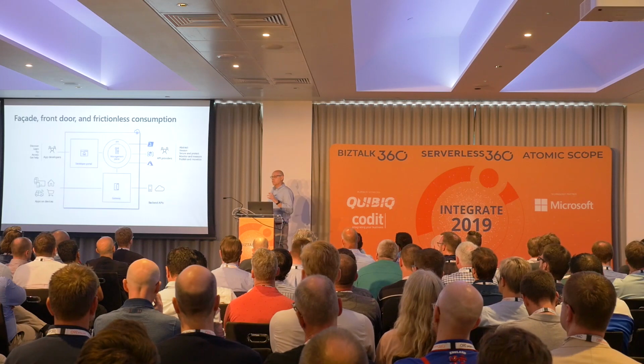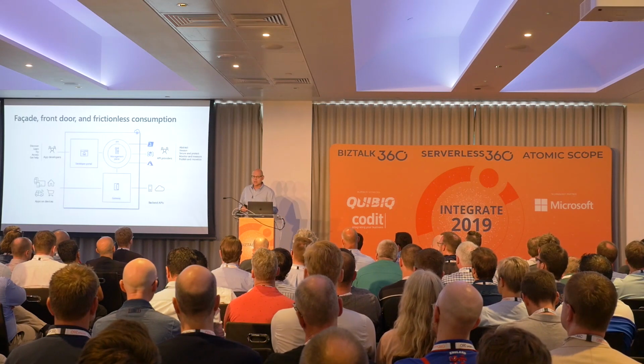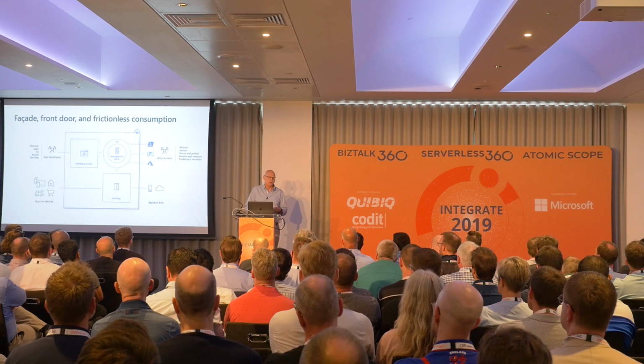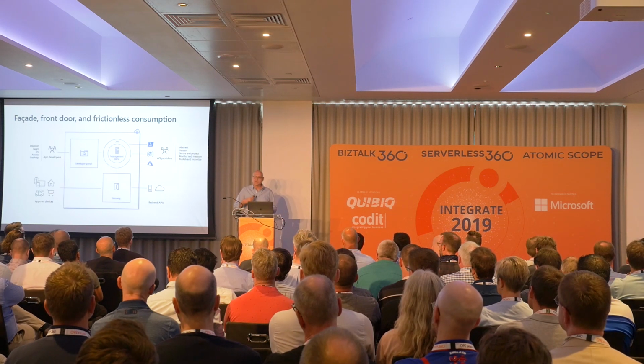It basically serves as a facade, allowing you as an API provider flexibility to change the architecture of your backends without impacting your clients. It also becomes basically a front door for all of your API traffic, and thus becomes a very good place where you can do routing, monitoring, protection and security, and things like that.